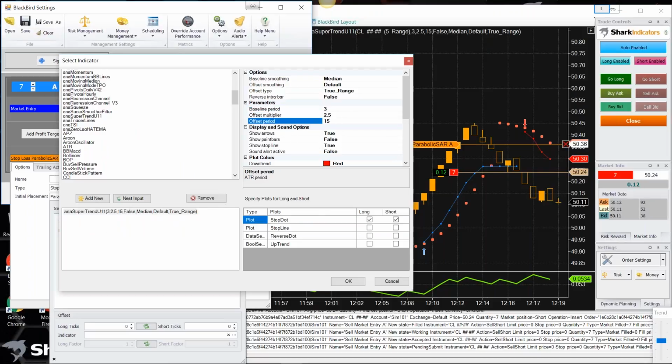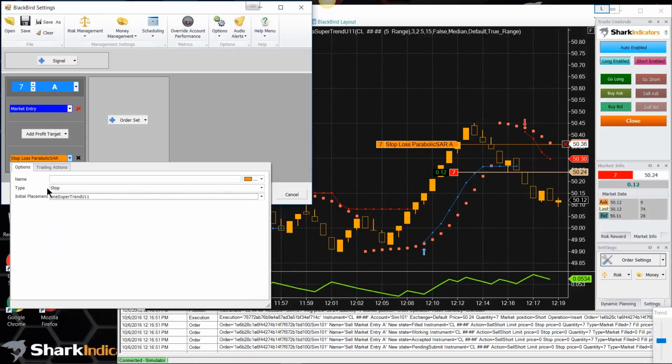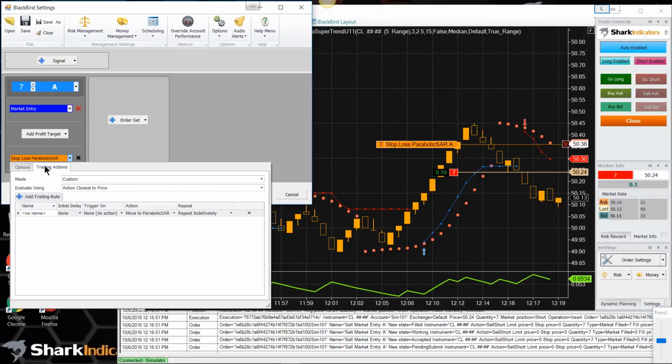Adjust any parameter settings that you might be using. And then the stop dot, we'll just follow the stop dot. So that's our initial placement set up. And remember to go into the Trailing Actions tab.